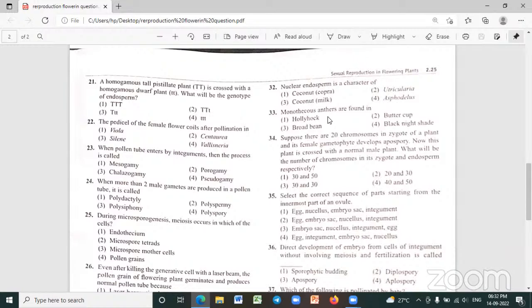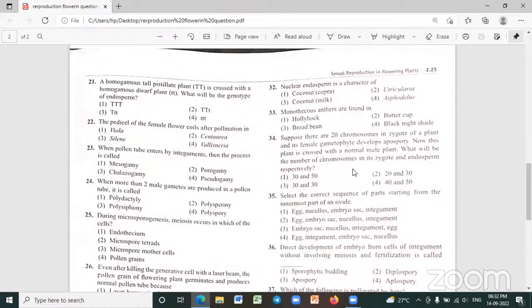Okay, so go to the next one, 34. The question is, suppose there are 20 chromosomes in the zygote. Imagine 20 chromosomes in the zygote of a plant, and its female gametophyte develops by apospory. Now this plant is crossed with a normal male plant. What will be the number of chromosomes in its zygote and endosperm respectively?